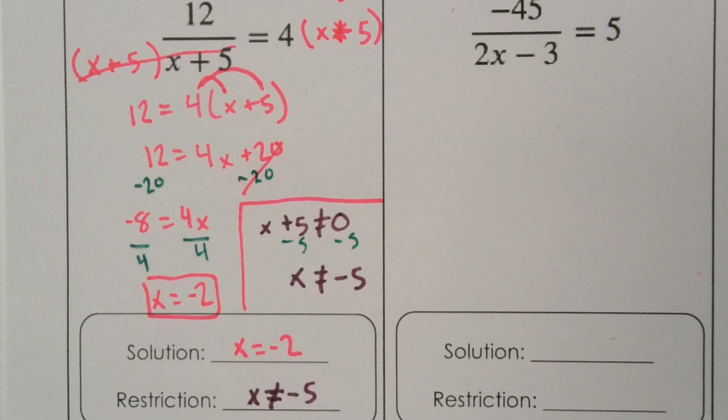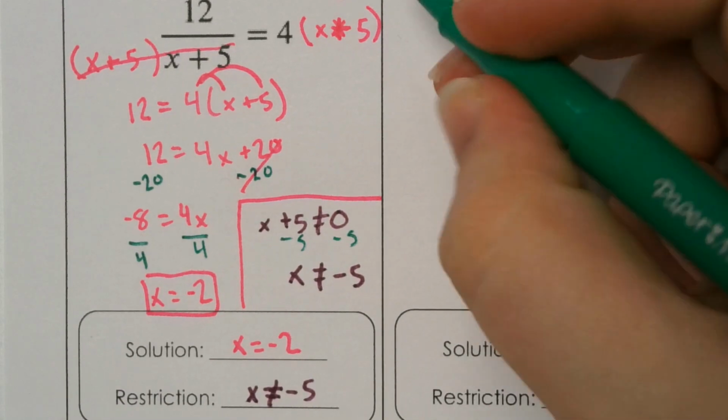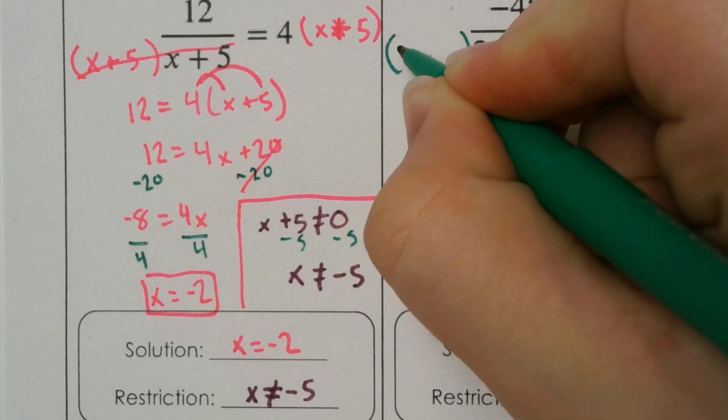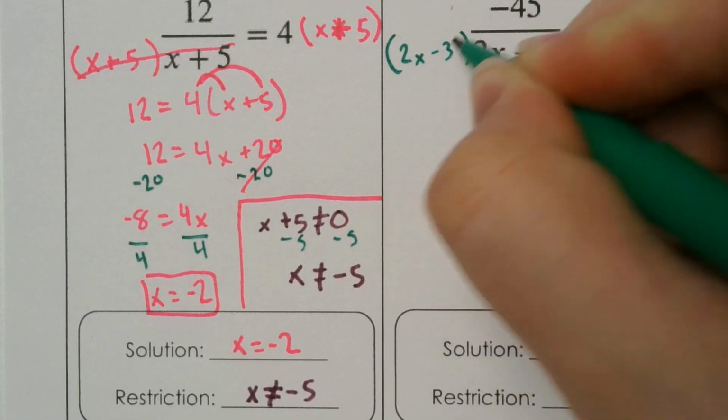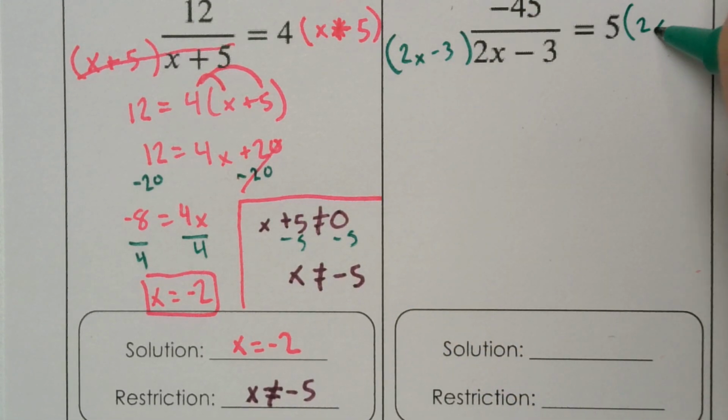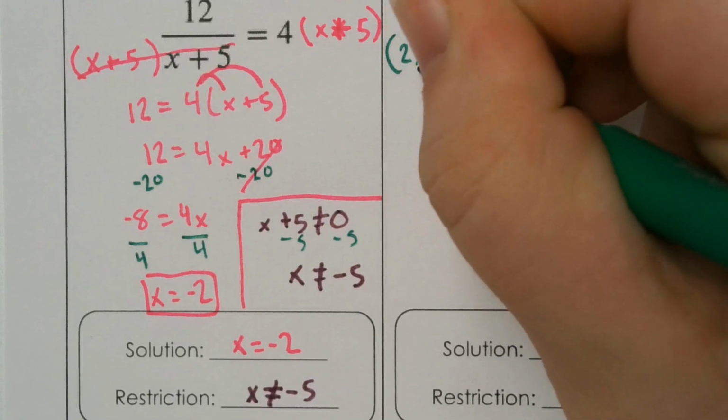Any questions on that? Okay, so same steps over here. We have to multiply by what's underneath, so we do the 2x minus 3 on both sides to get rid of that division.